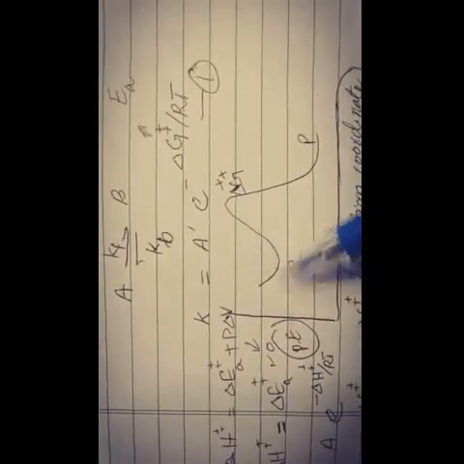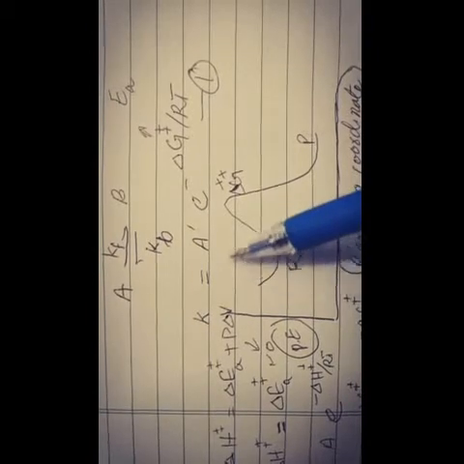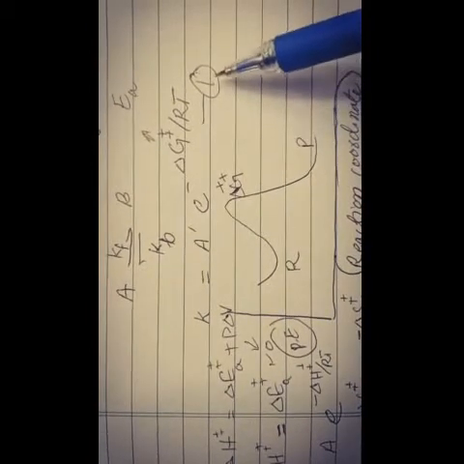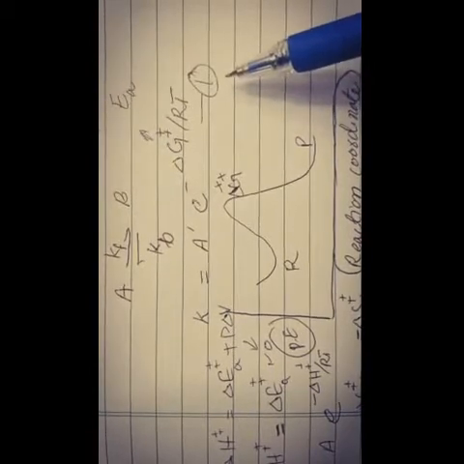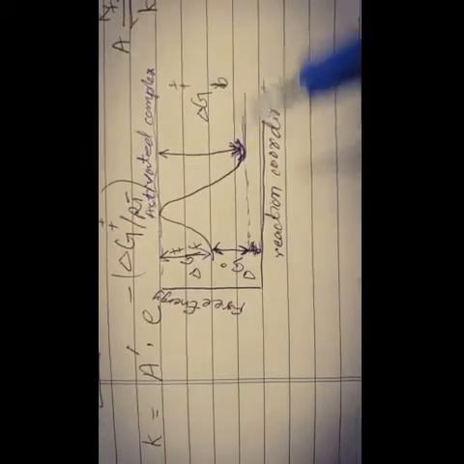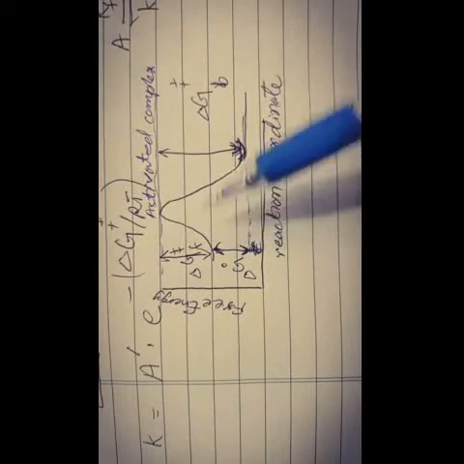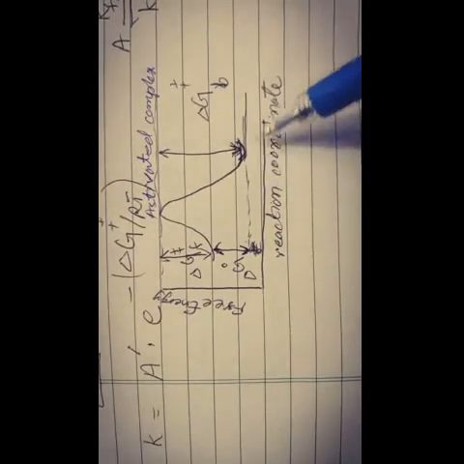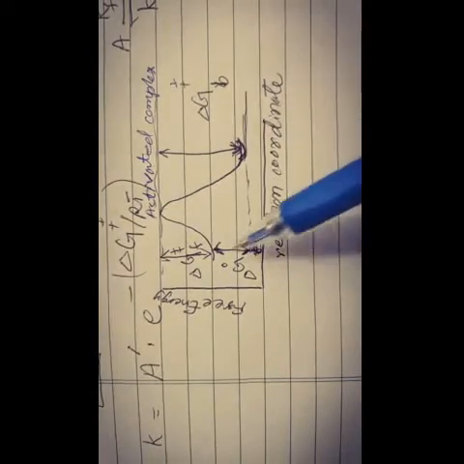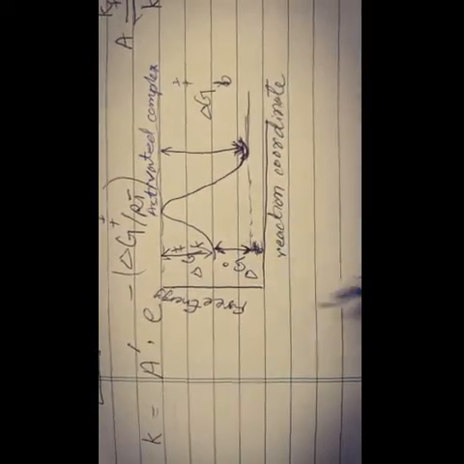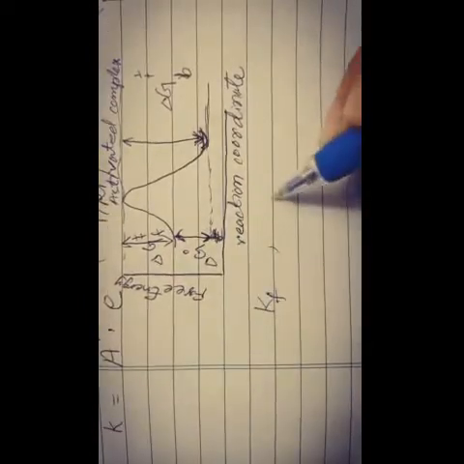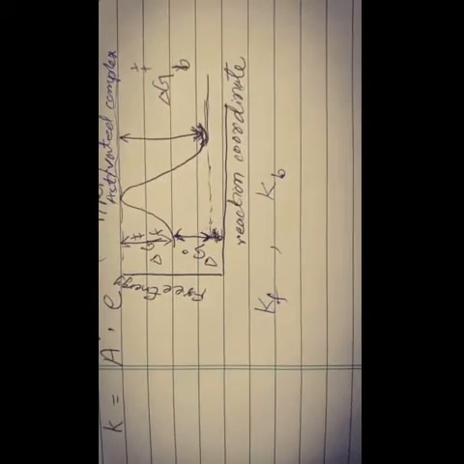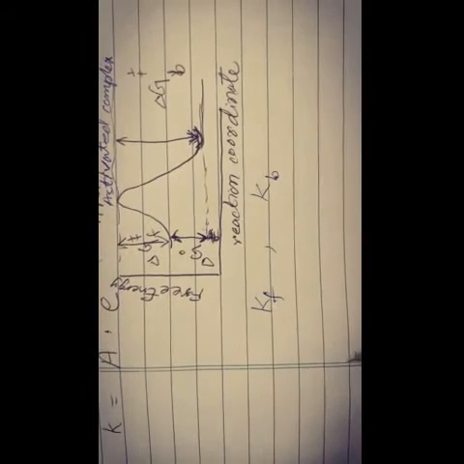So using the expression derived from the Arrhenius equation, that is written as equation number 1, we can derive the expressions for the rate of forward and backward directions, and the expressions for the rate constants of forward and backward direction using the activated complex theory.